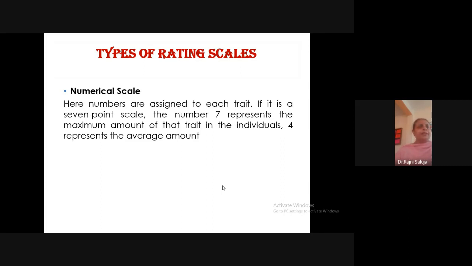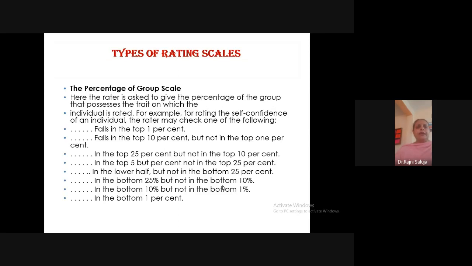The next one is the percentage of group scale. When we talk in percentage terms of the group that possesses the trait on which the individual is rated. For example, for rating the self-confidence of an individual, the rater may check one of the following: falls in the top 1%, falls in the top 10% but not in the top 1%, meaning we are taking the help of percentage to mark the particular variable.